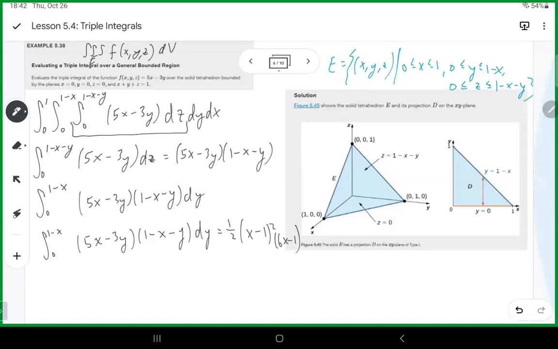So finally, we're going to evaluate from 0 to 1 for the x, 1/2 (x minus 1) squared (6x minus 1) dx, and you're going to end up with 1/12.